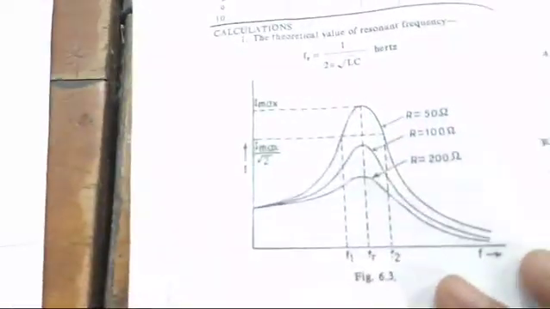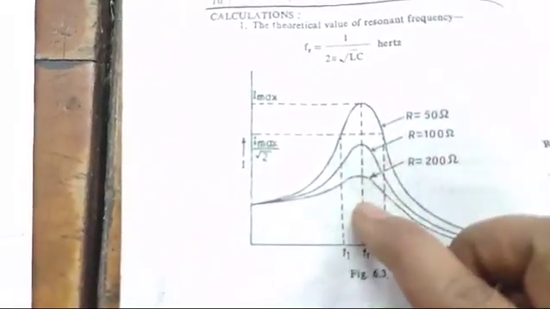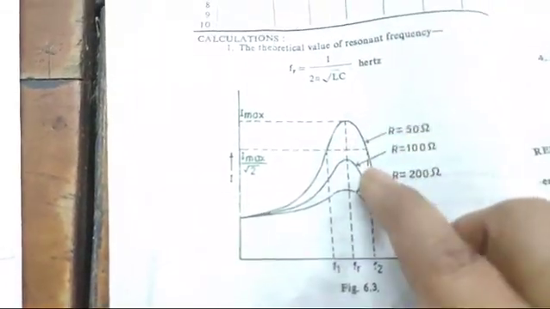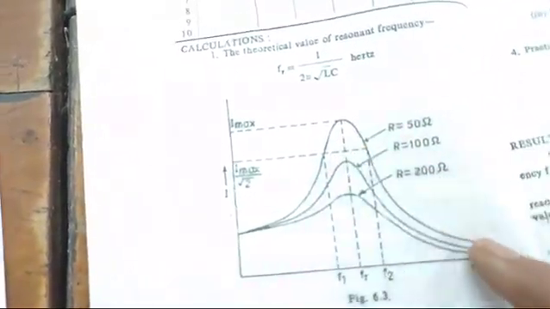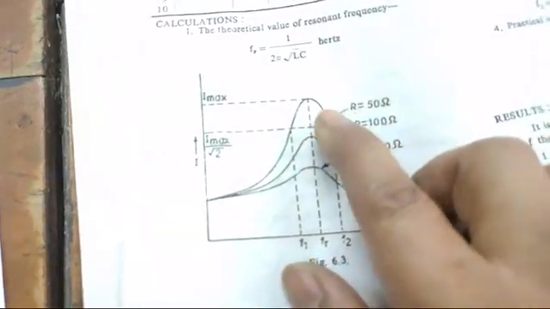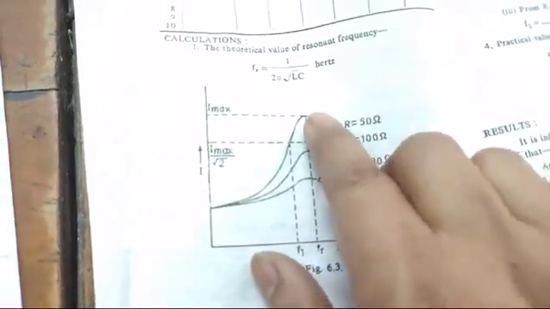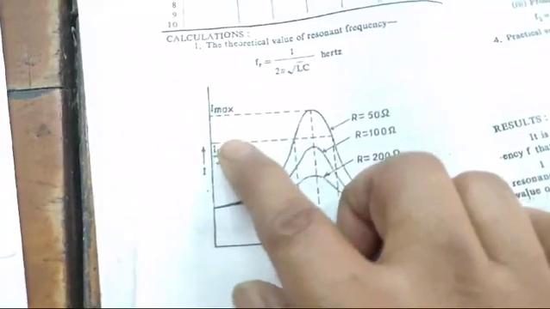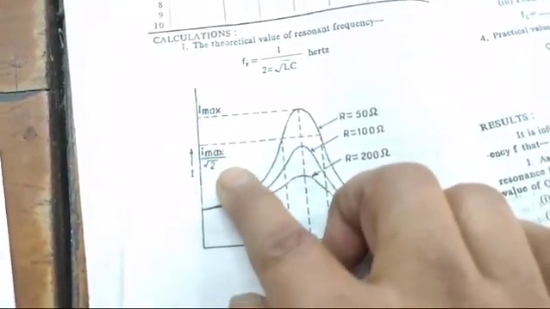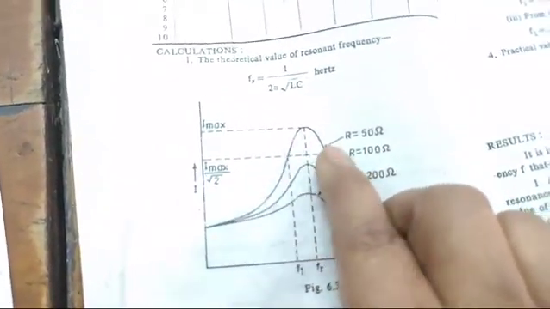Now we do the calculation. First we draw a graph of this type at 3 different resistances. We get at the minimum resistance, 10 ohm, I is maximum, and at I maximum upon root 2 we get 2 half power points.